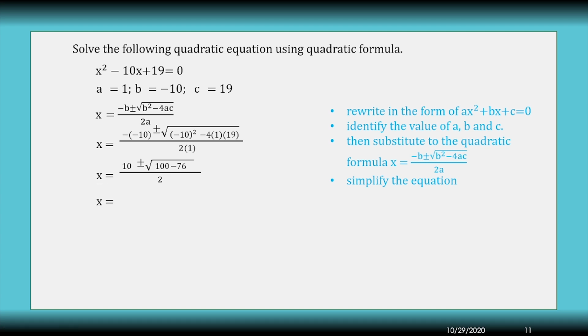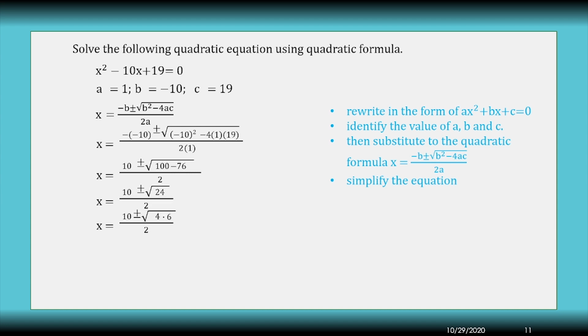Okay, so x is equals to 10 plus minus square root of 24 all over 2. Okay, so matatandaan natin, 24 is not a perfect square. So, we need to find a factor wherein one of its factors is a perfect square. So, it is 4 times 6. 4 is a perfect square and 6 is not.